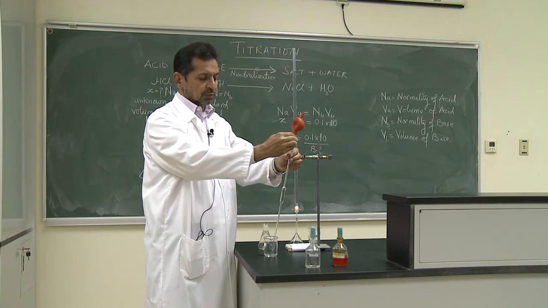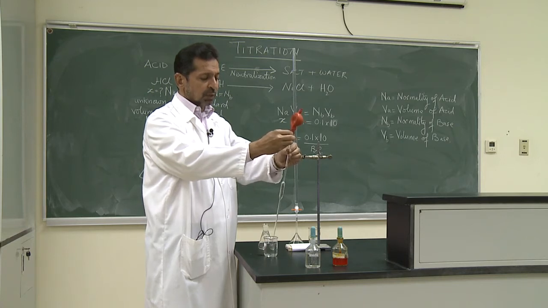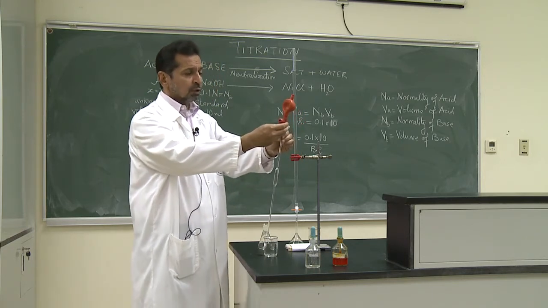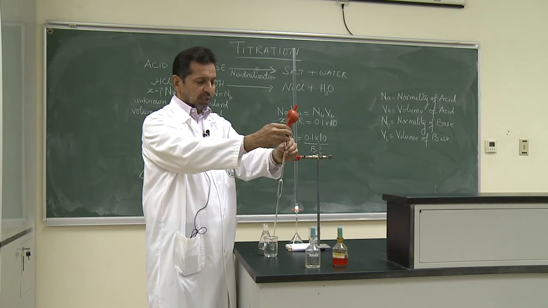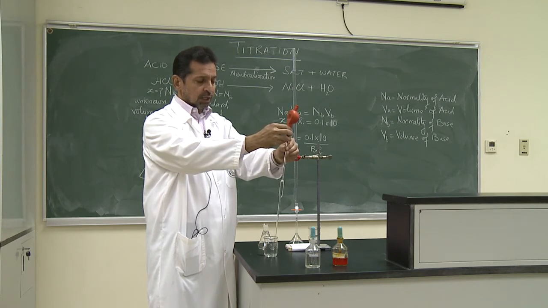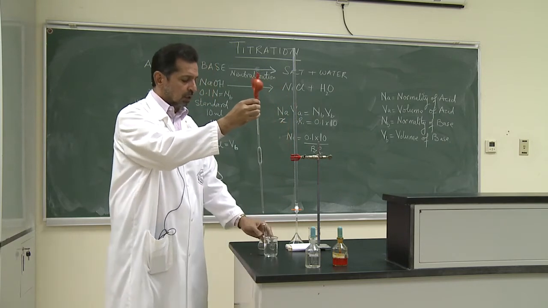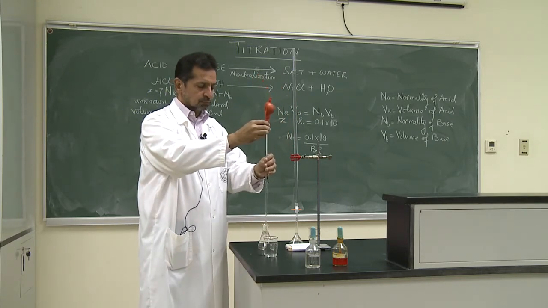Like this. When it reaches the mark, if it goes above the mark, you have to press the knob of empty, so it can come down. After making the level at 10 ml, we can take the base in the conical flask.